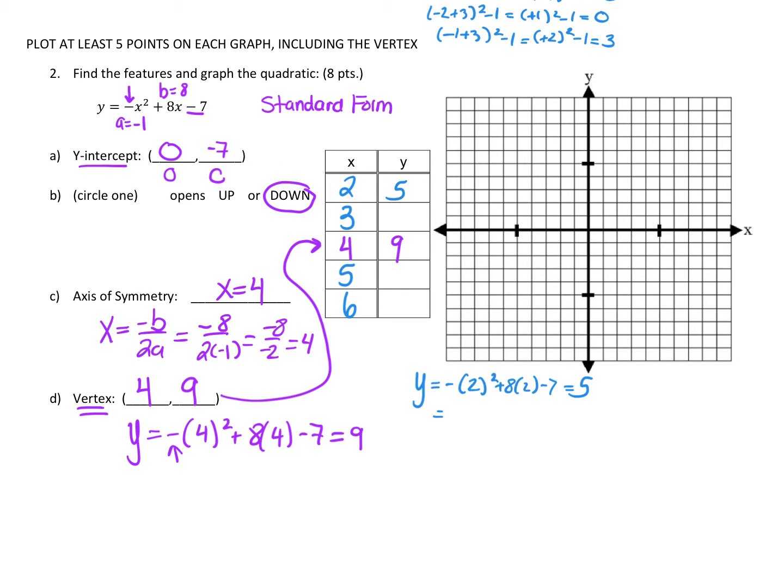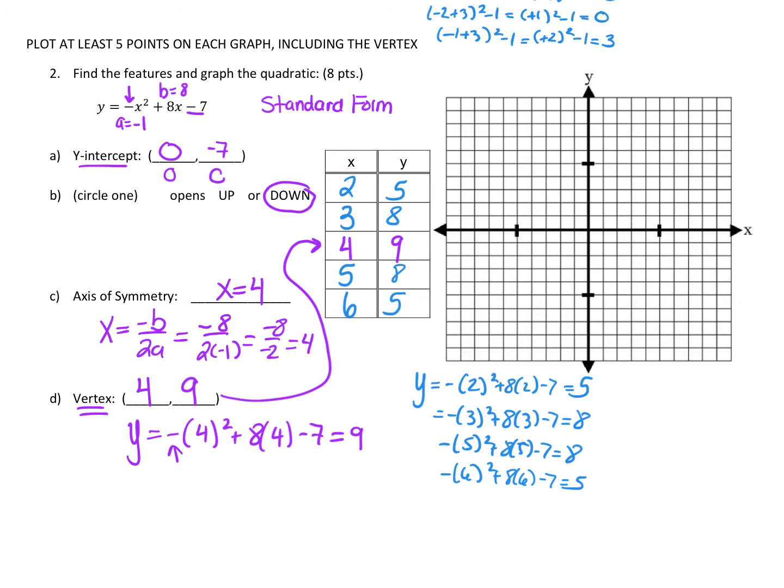Do the same thing with 3, and I would get 8. Do the same thing with 5, and I'm going to get 8. Do the same thing with 6, and I would get 5.